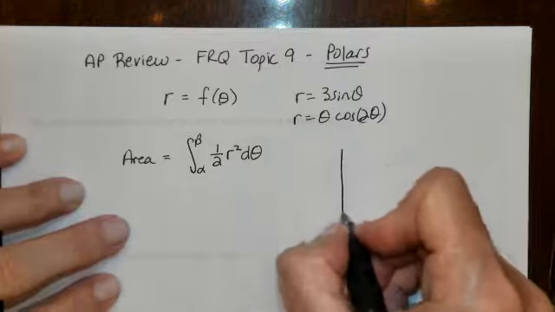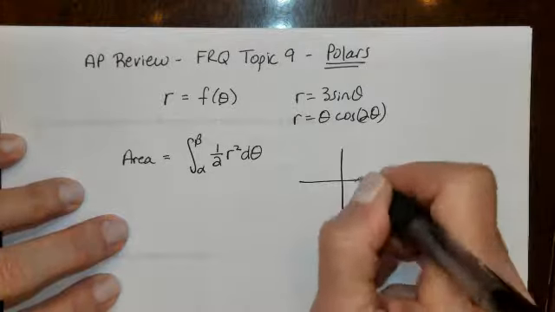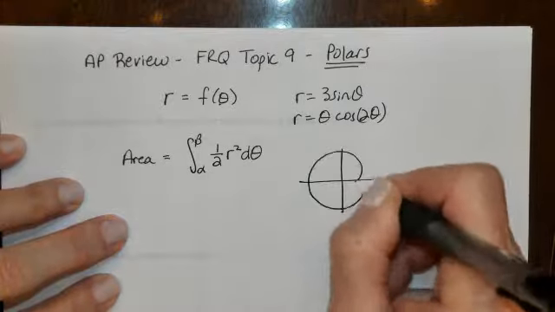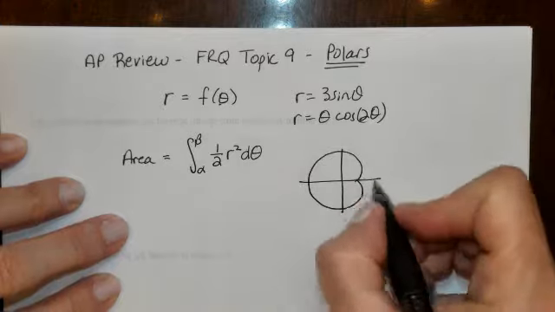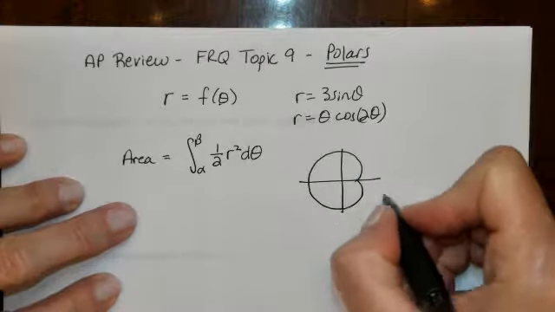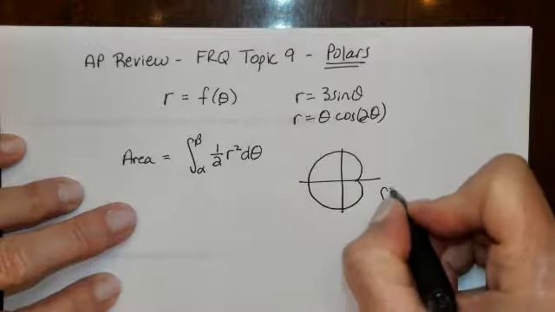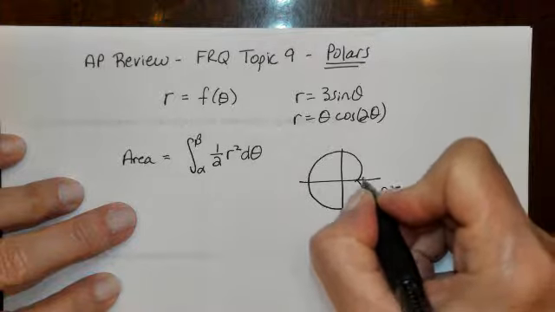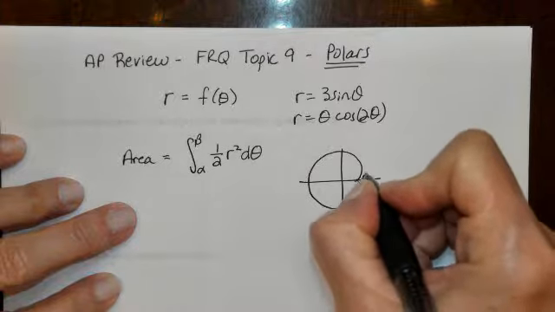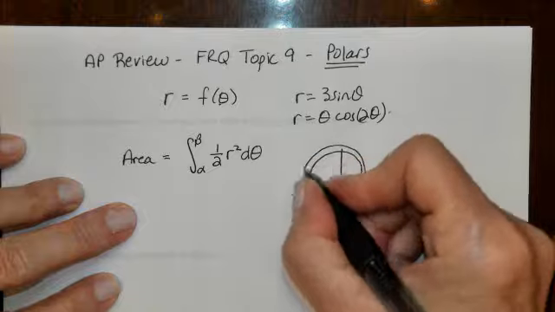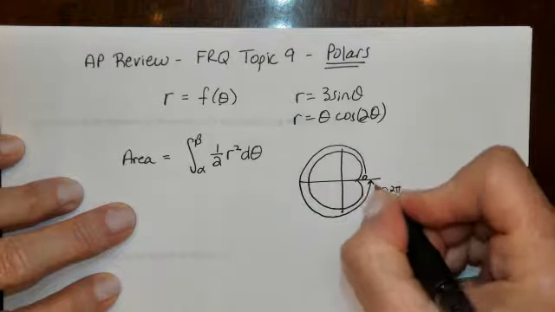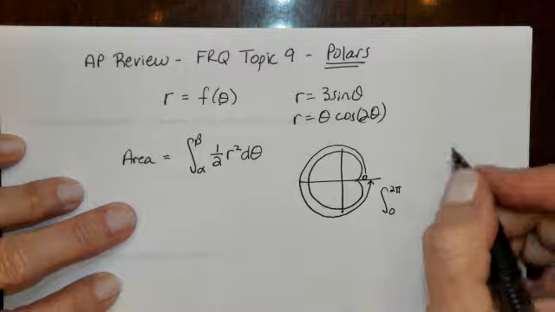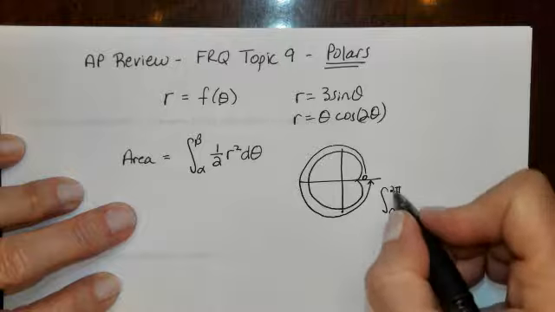If we have this, let's say we have this limacon, and if we have the integral from 0 to 2 pi, that means we're starting at theta is 0, and theta goes around the entire polar coordinate plane here, and we go all the way to 2 pi.